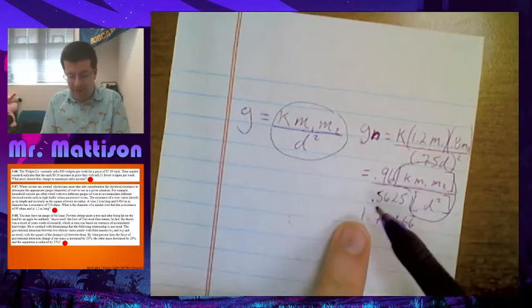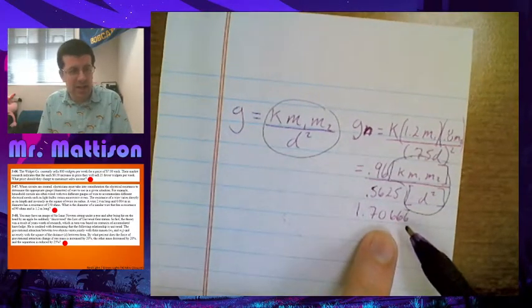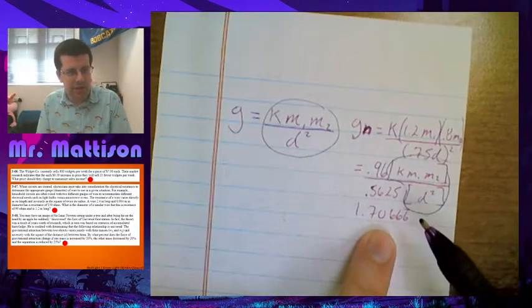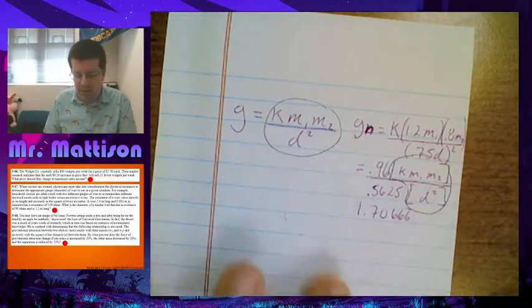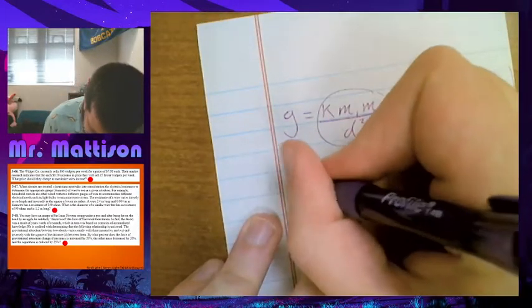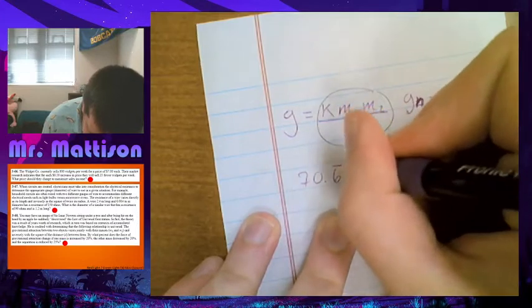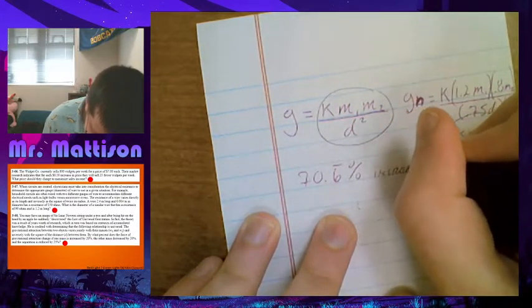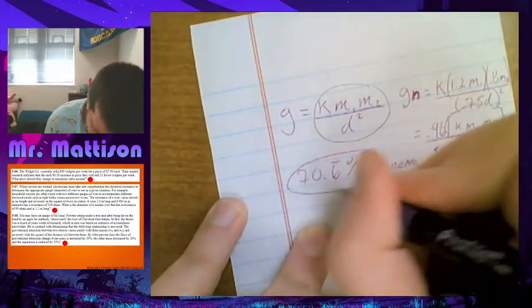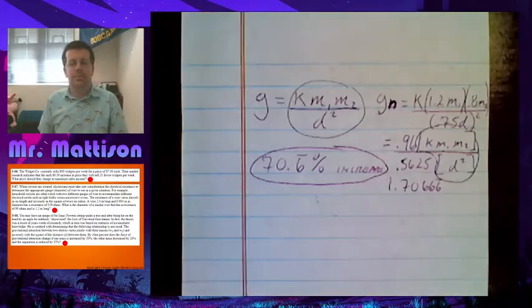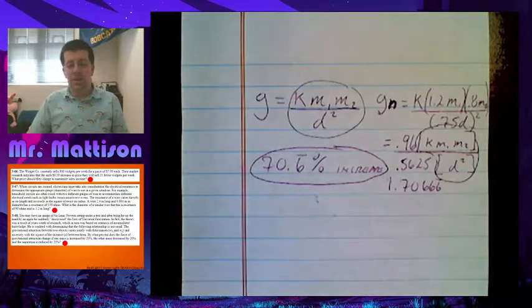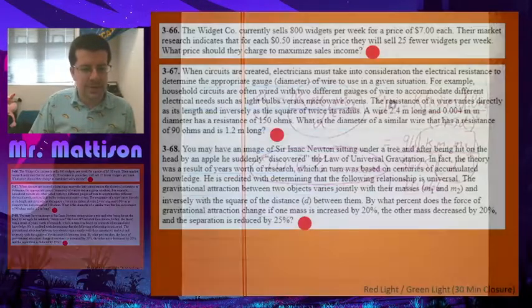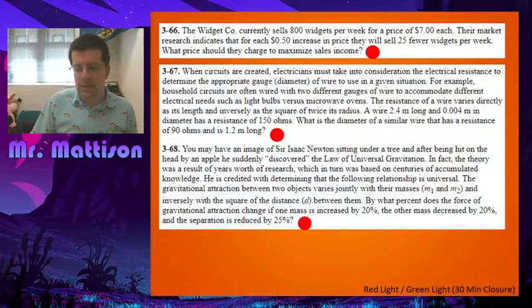So multiplying by 1.706 repeating is a 70.6 repeating percent increase in my gravitational force. Right? Okay, so that is it for these.